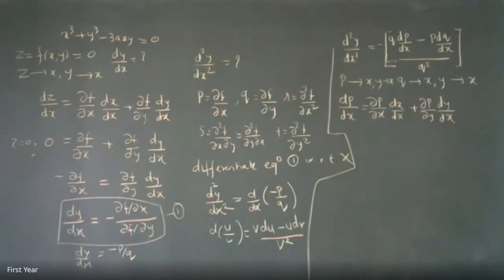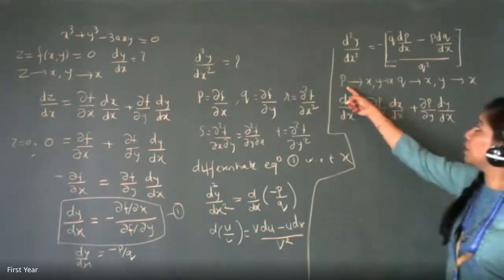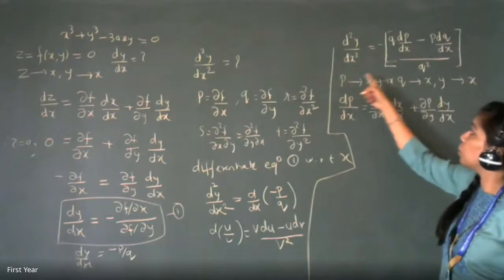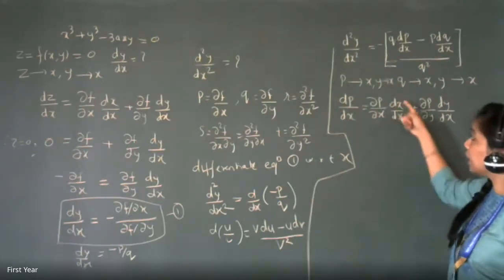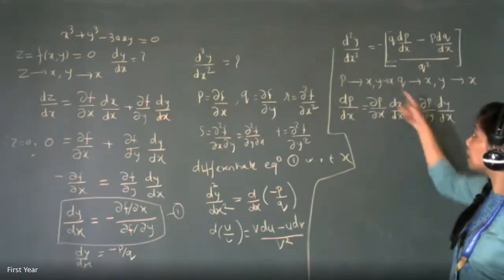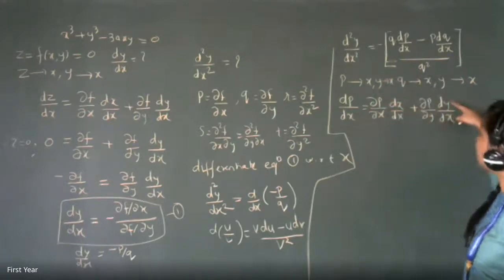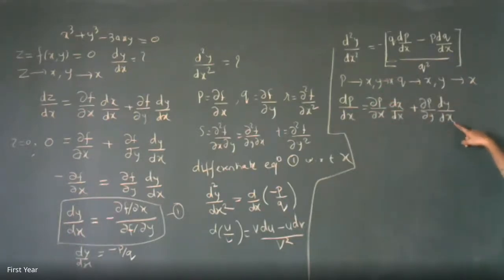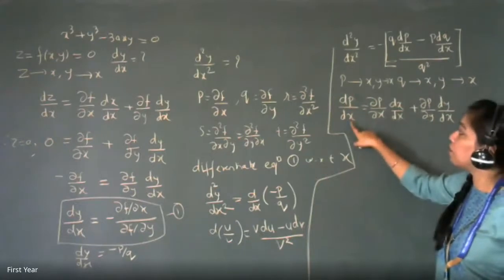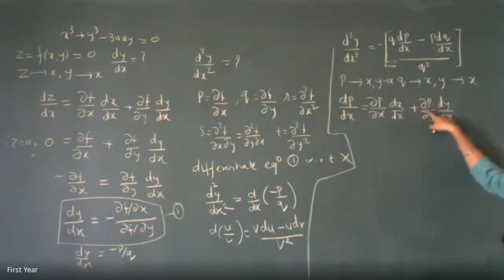Total derivative of p with respect to x will be first differentiate x with respect to x, dx by dx, plus y also contains x, otherwise there is no meaning to dy by dx. So we have to differentiate it also with respect to x. So plus delta p by delta y into dy by dx. This is the chain rule or you can say the total derivative.